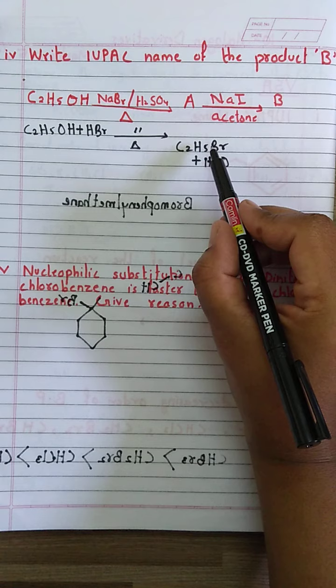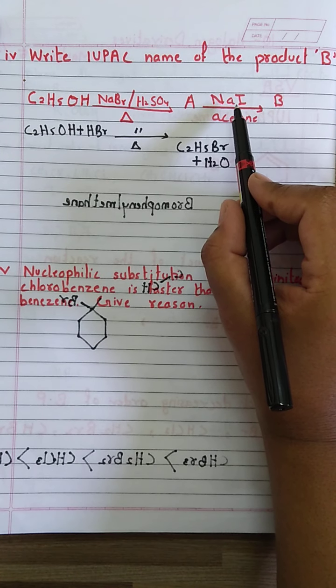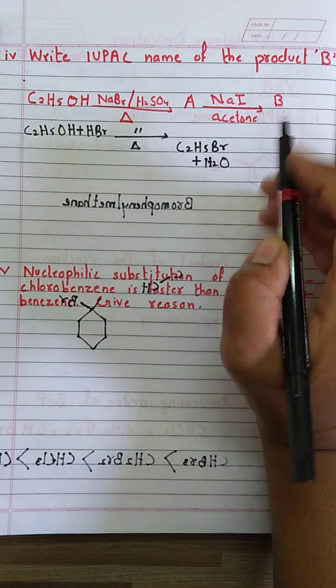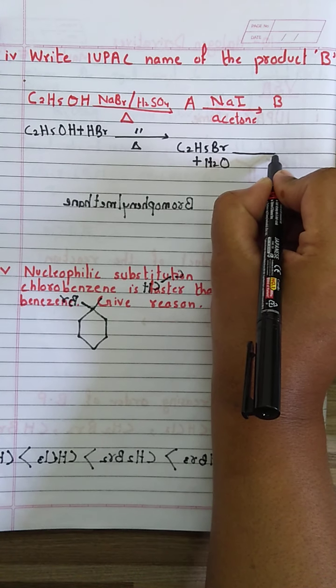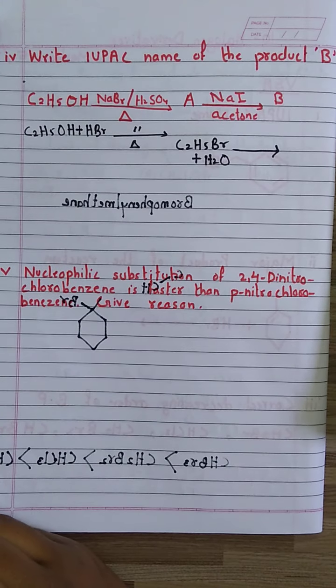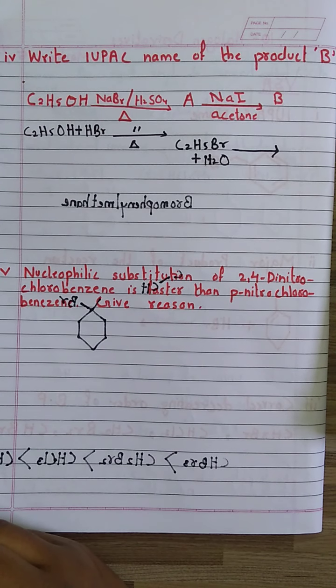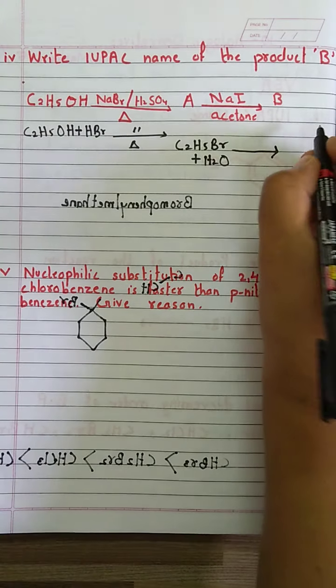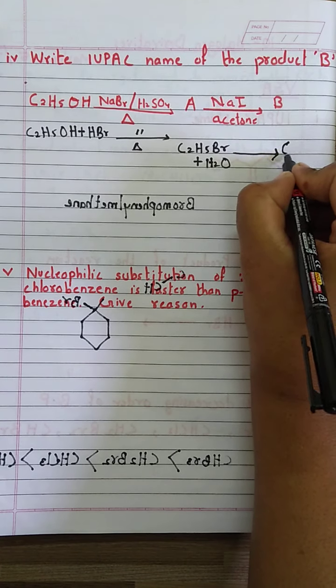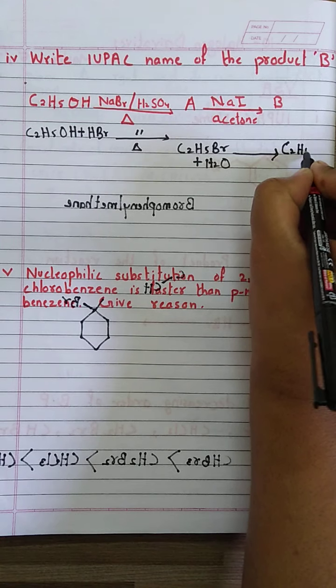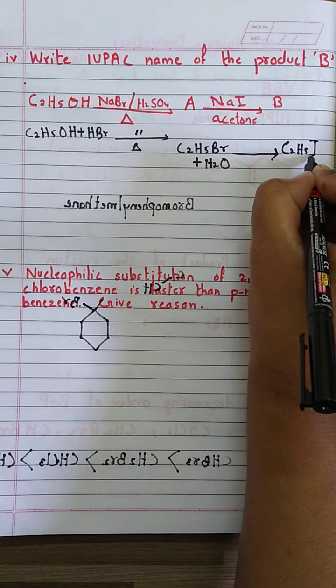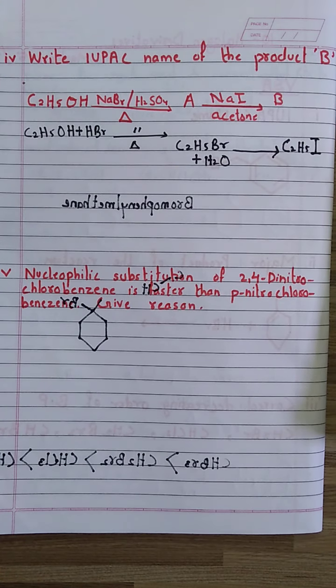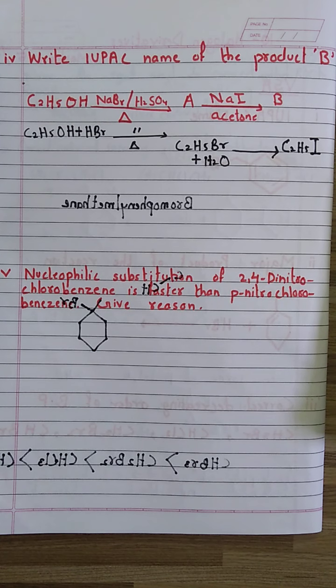This alkyl halide on treatment with sodium iodide in presence of acetone will undergo halogen exchange reaction, and your Br group gets replaced by iodine and you will get ethyl iodide as your product.